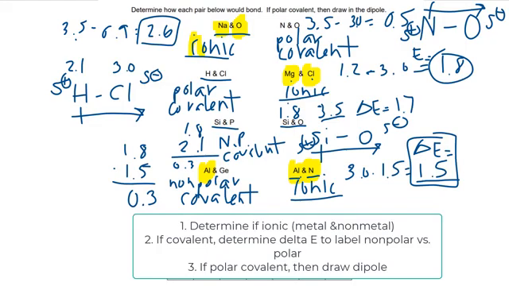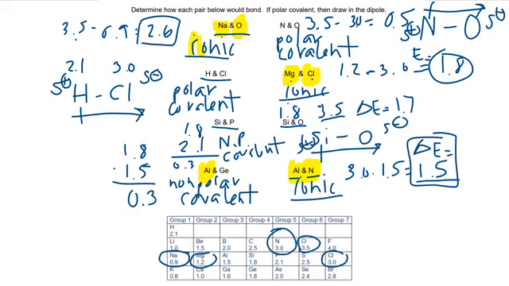We then, if it's covalent, determine the delta E to label if it's nonpolar versus polar. And if it's polar covalent, then we will draw the dipoles. Again, the dipole arrow is towards the more electronegative species, and the plus end of the tail is to the less negative species, which we say the more positive side.